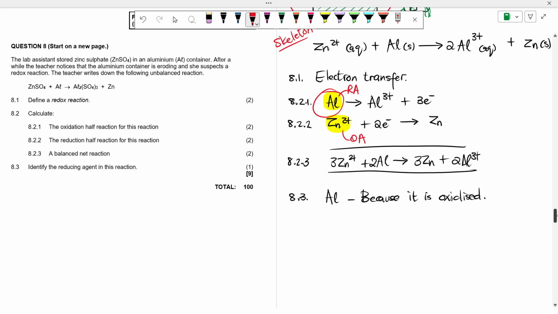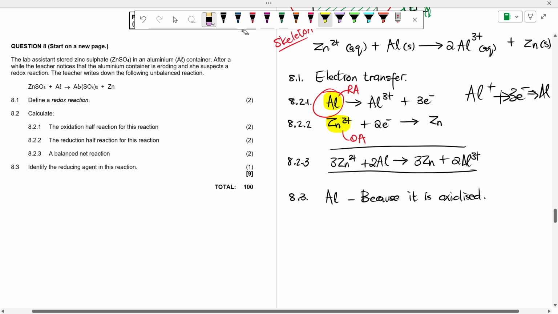Okay, if it doesn't make sense, just make sure you rewatch the recording. Understand that if aluminum were to swap, then we're going to have Al3+ gaining 3 electrons to become aluminum. Then this means we actually start with Al3+ instead of aluminum solid. So that's a nonsense equation.